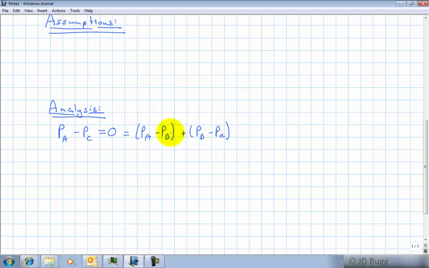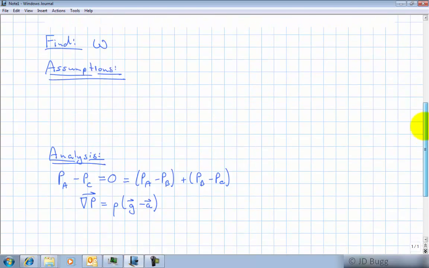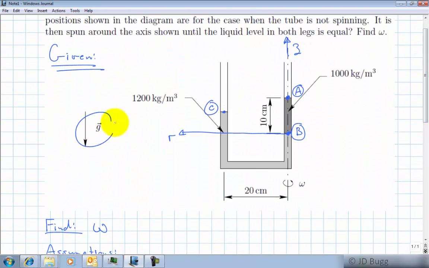That's equal to 0. Well, where do I get these pressure differences from? From the basic hydrostatic equation. It's always our starting point. The pressure gradient is rho times (g minus a). In this particular coordinate system, our g is equal to minus g k.